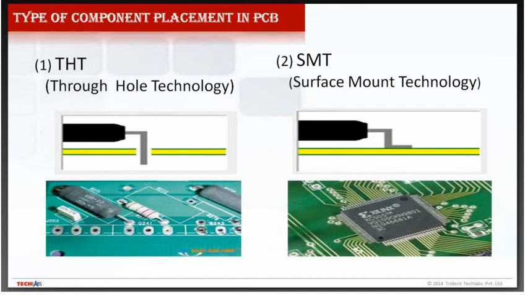That is through hole, that means it passes through the hole. Another type is surface mount, where it doesn't pass through a hole, there is no hole in the PCB. On the surface it has the connectivity, and we solder that component's lead with the connectivity paths on the PCB board.